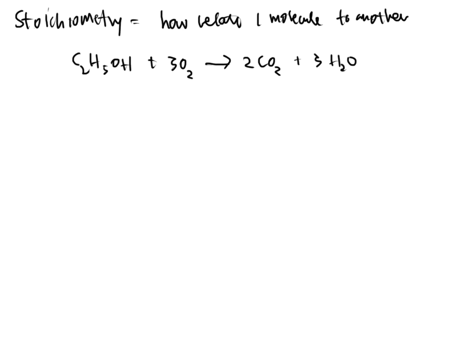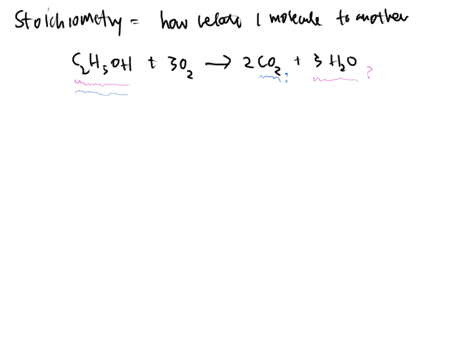Well, what stoichiometry does is it says, if you start off with this much ethyl alcohol, C2H5OH, how much water could you end up with? Or if you start off with this much alcohol, how much CO2 could you end up with? That could be a question.